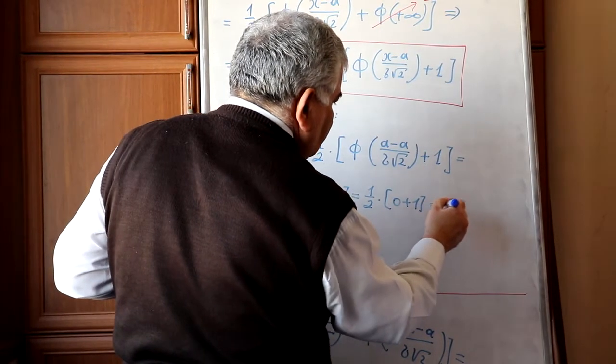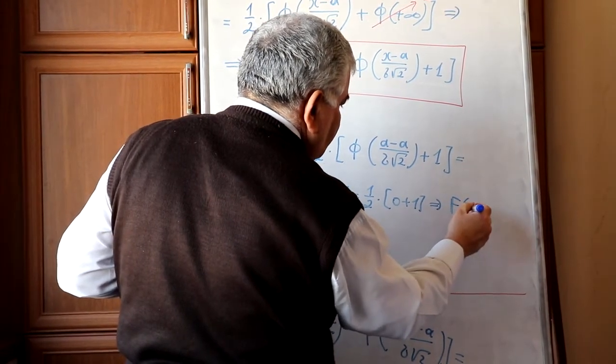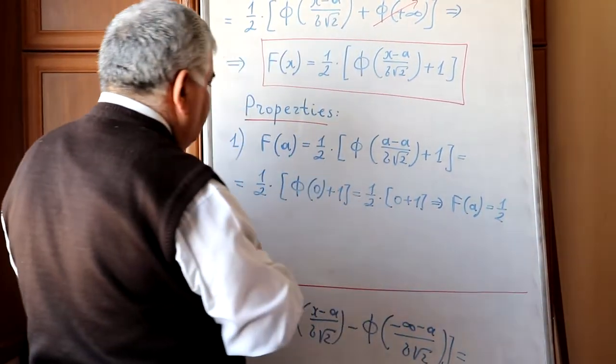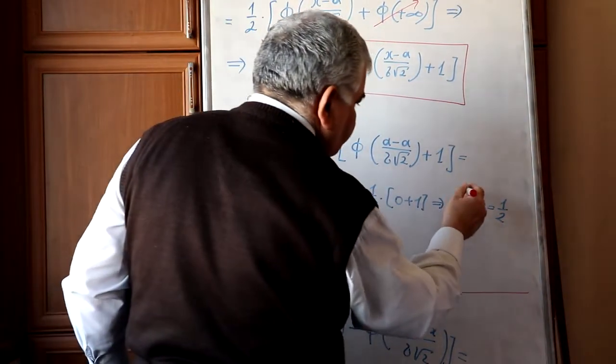That is, F capital of a is 1 second. It is the result, the first property.